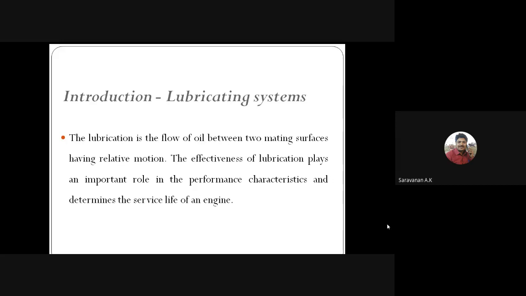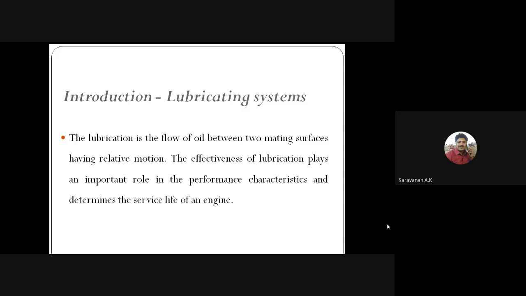While working, due to this relative motion there will be frictional force, which develops heat and causes wear and tear. The engine components' life will get reduced, so we have to avoid these conditions. So the lubricating system is introduced.